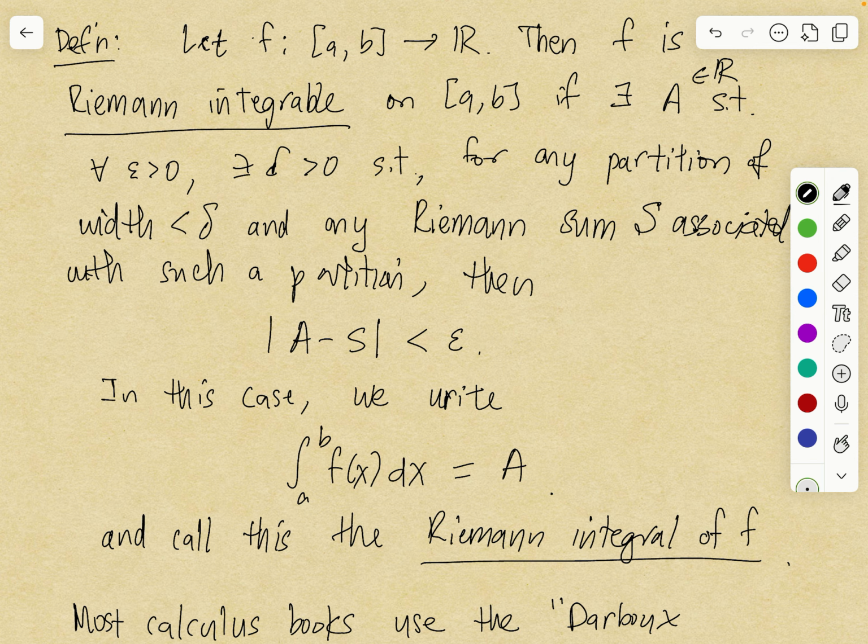The problem with this definition of Riemann integrability is that it's hard to actually calculate what the integral is, right? It just says, well, it's integrable if there is some real number with this property that it's arbitrarily close to Riemann sums of sufficiently narrow width.